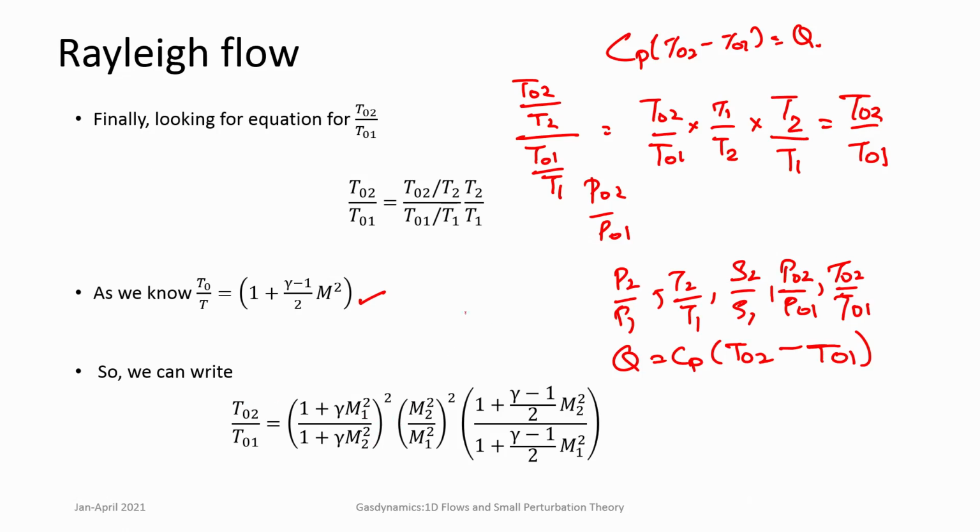So, we need to find M2, but we get an equation which is analytically difficult to solve directly. So, the way ahead is similar to what was done in Fanno flows.